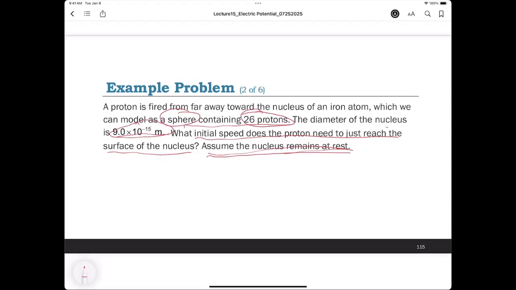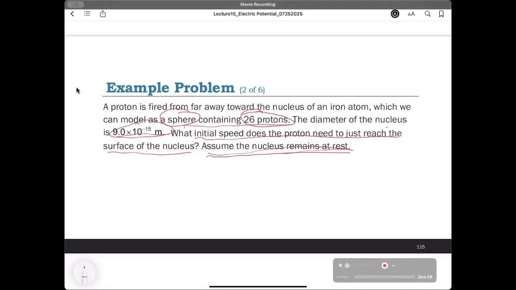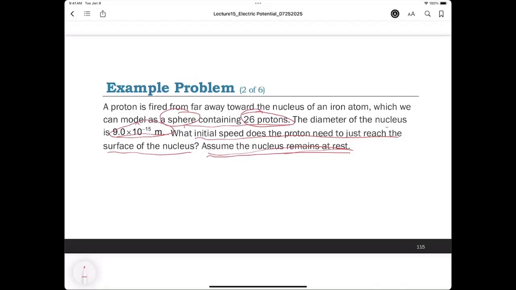Okay, let's talk about this problem. We treat the nucleus as a sphere containing 26 protons. Each proton has the charge e. Does it make sense to you?